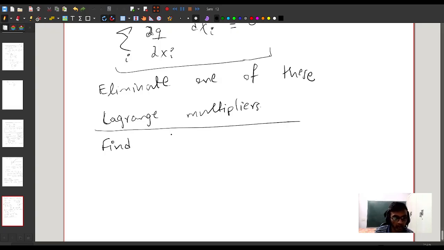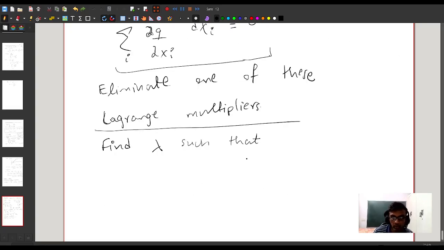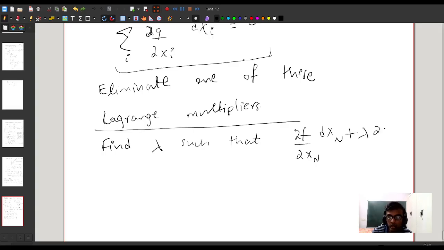Find some lambda such that ∂f/∂xn dxn plus lambda times ∂g/∂xn dxn is 0.